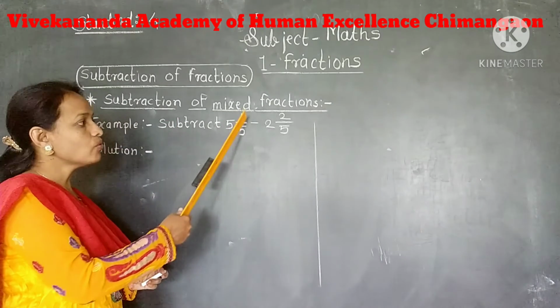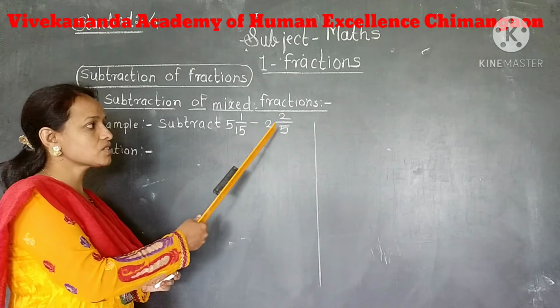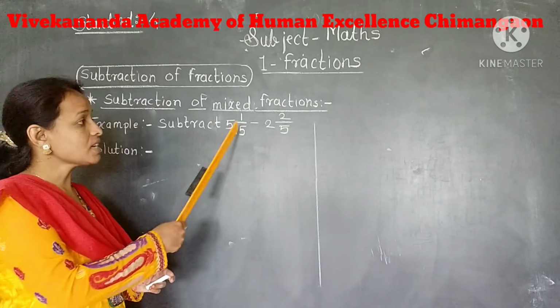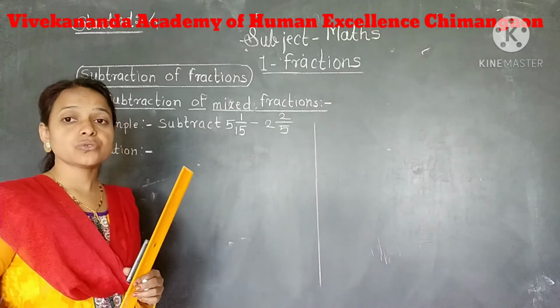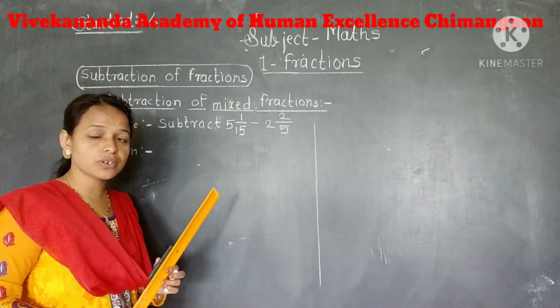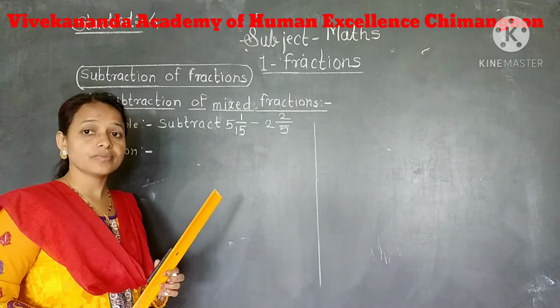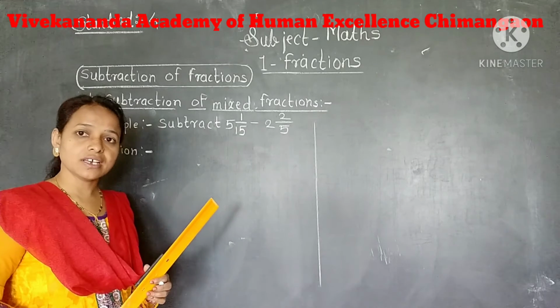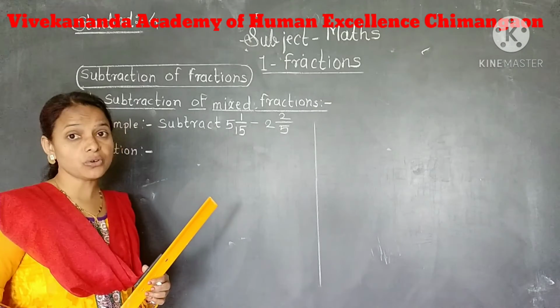Subtract 5 1 upon 15 minus 2 upon 5. So see student, these are mixed fractions. So first we have to convert these mixed fractions into improper fractions. Then if required, we convert them into like fractions and then reduce to lowest terms.